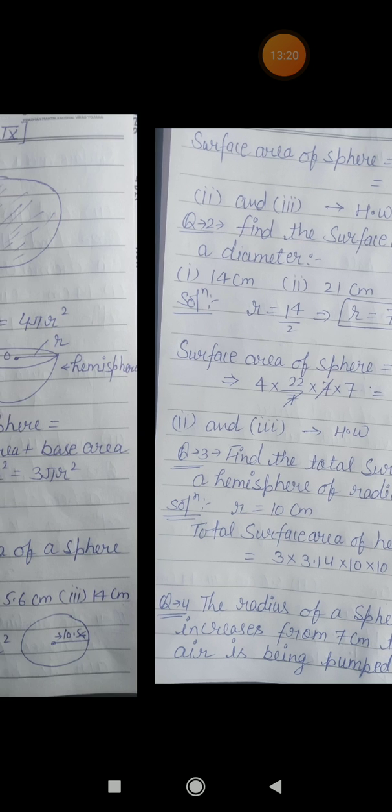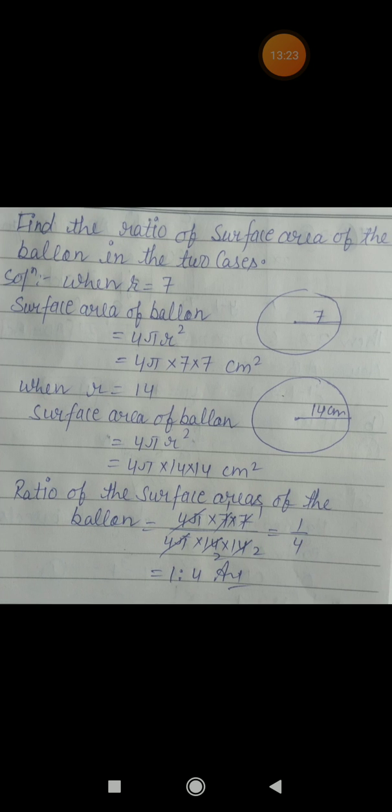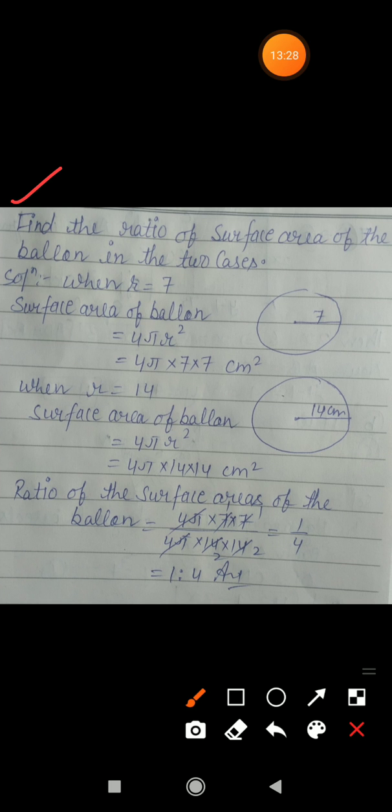So you have to calculate and find the ratio of the surface area of the balloon. Here, the first time the balloon has the radius 7 centimeter, so you have to calculate the surface area with the help of radius 7 centimeter. So what is the formula? That is a spherical form, so you use 4 pi r square, and then you only have to put the value of r, because pi is cut down here.